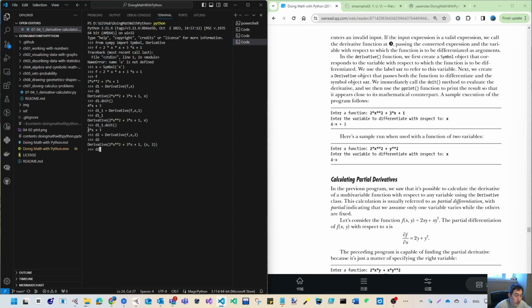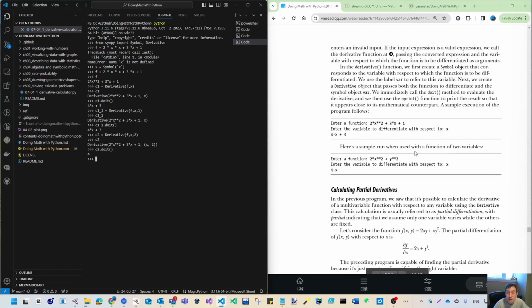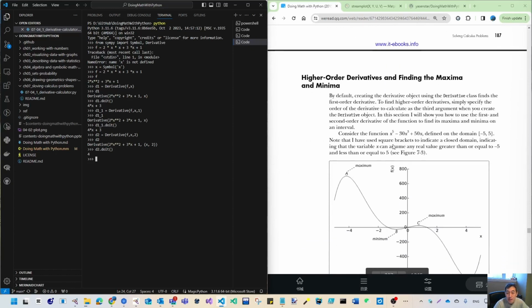So we can imagine it will be just the number 4. Let's see, dot. You get 4. So there is nothing specific about using this higher order derivative, you just add the third argument.